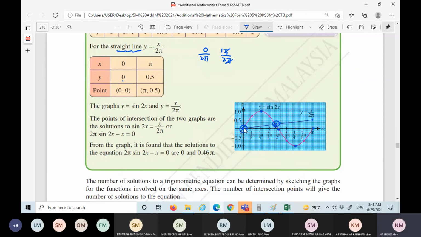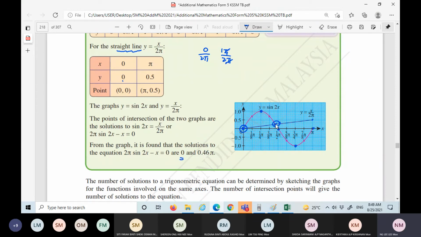The first point is easy because it's (0, 0). The solution means they want the x value, so I shouldn't have mentioned the coordinate just now. So the x value for this point is 0. So the first solution is 0.